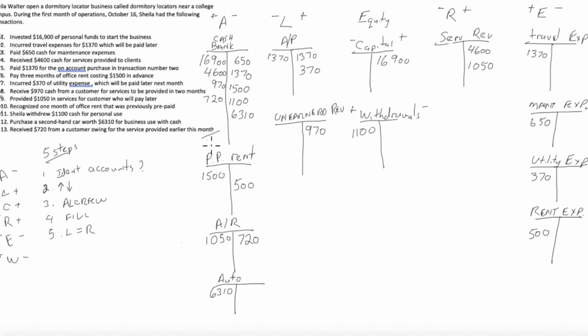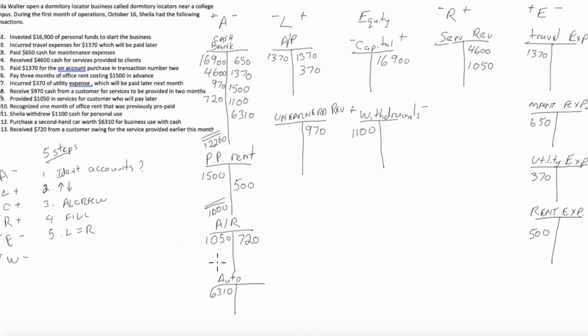And if you did the math on cash account, it would be 112,260. And on the positive side, we'd have $1,100. $1,000 in prepaid rent.